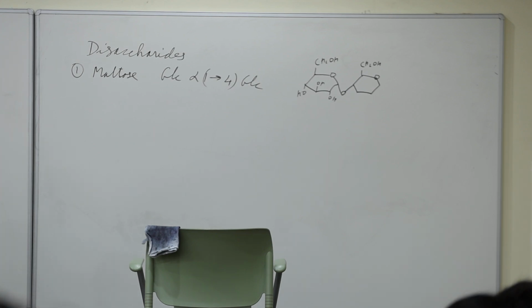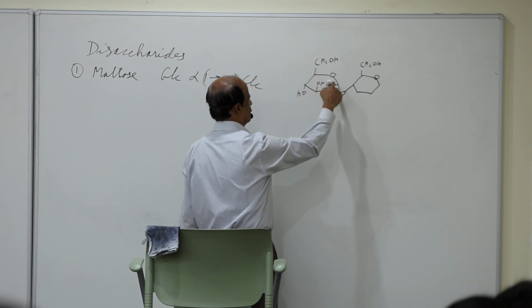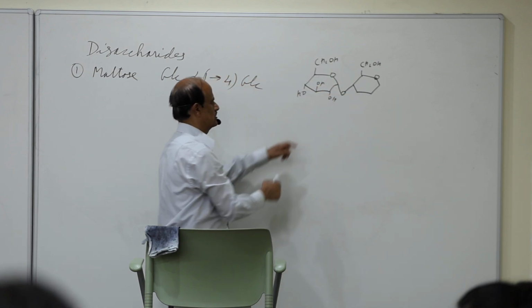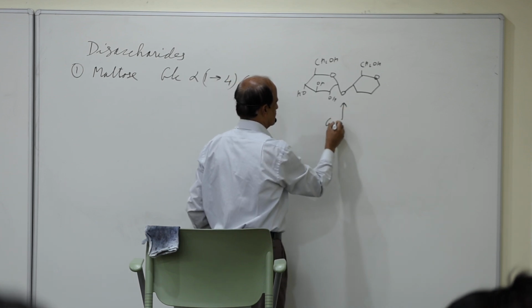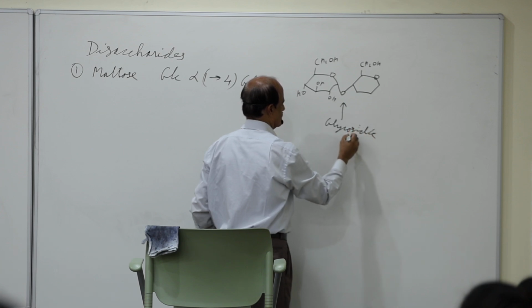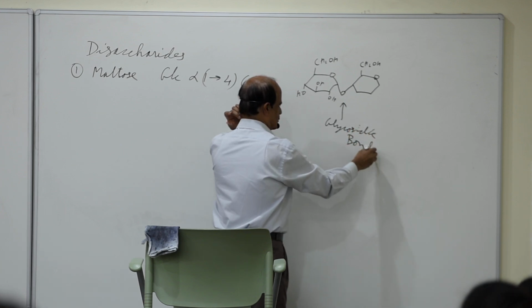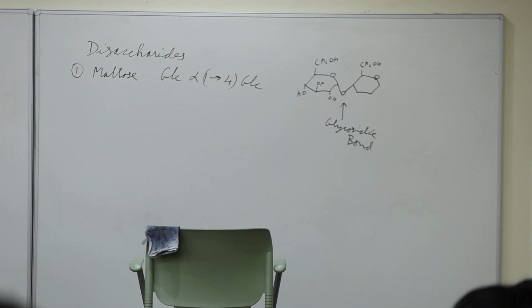But the important thing is that this glucose will always be alpha because it is a glycosidic bond. So a glycosidic bond doesn't go back and forth between the linear and the ring chain. Once it is formed, it stays as alpha.